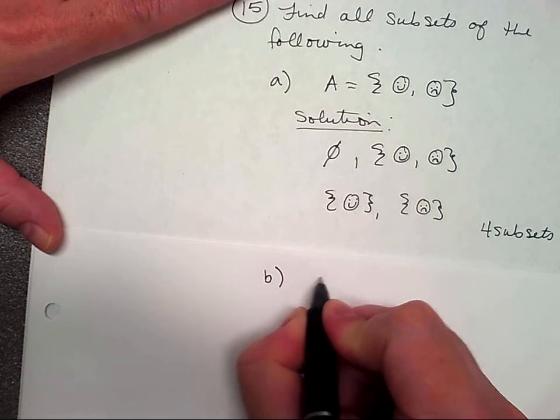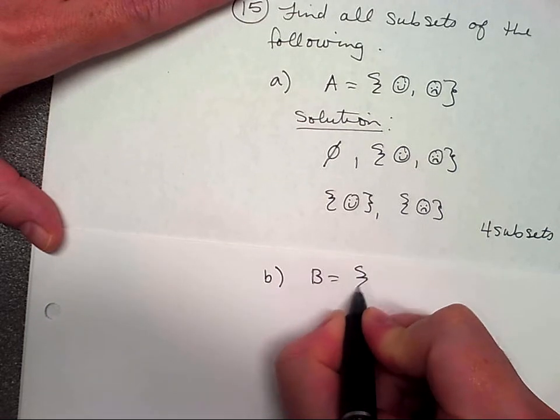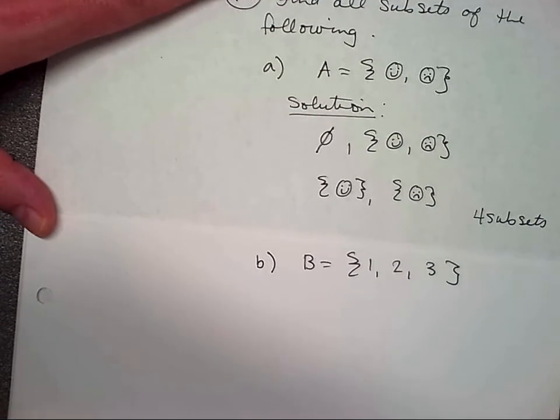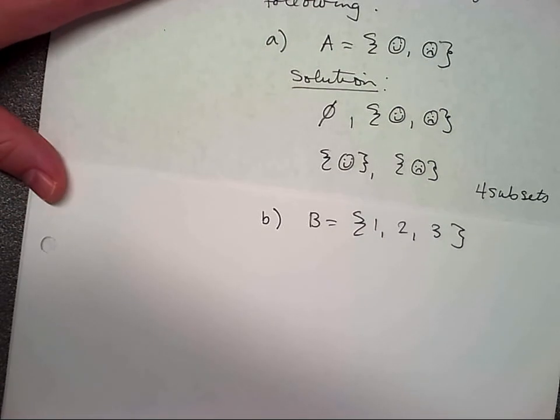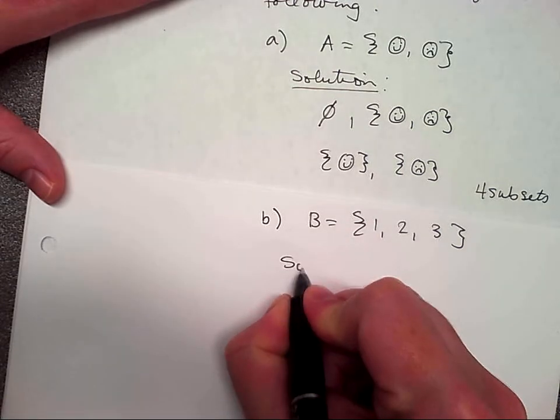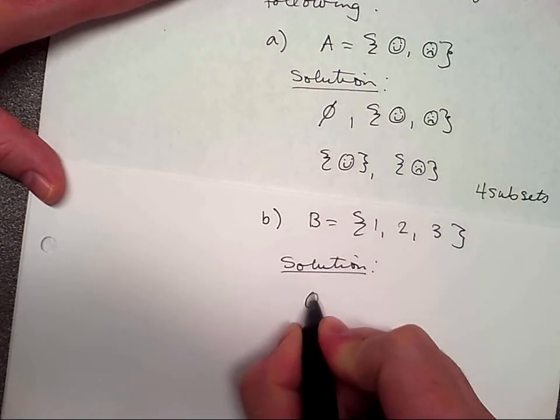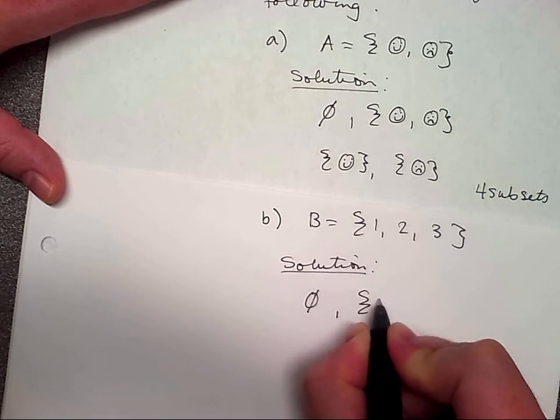All right, next let's do B equals 1, 2, 3. So it's just a 3-element set. I could have chosen happy face, sad face, I don't know, something else, right? But I chose 1, 2, 3 because it's easier to write. All right, so to find all the possible subsets, first we have to start with the empty set and the whole set.